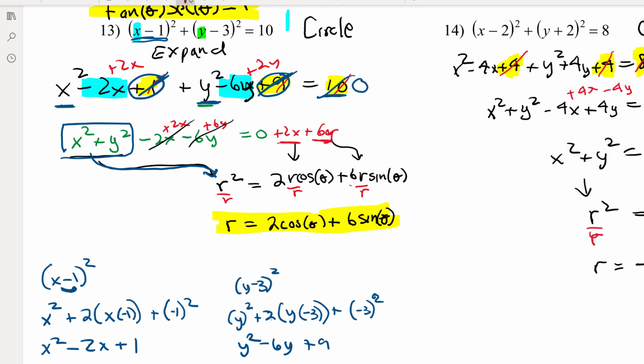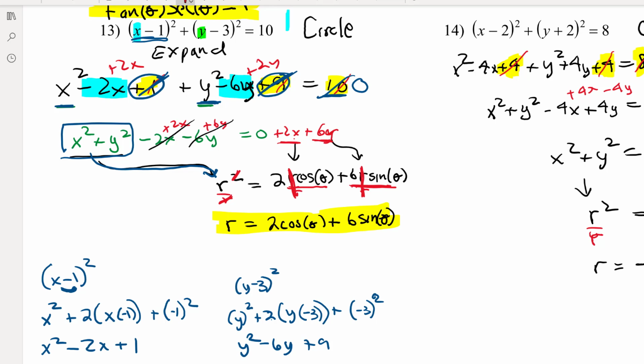And now look, we can rewrite x as r cosine theta. We can write y as r sine theta. We're really close. But this is r squared, so we're going to divide an r by each side. Now that r cancels and that r cancels and one of those cancel. So that leaves r equals 2 cosine theta plus 6 sine theta.